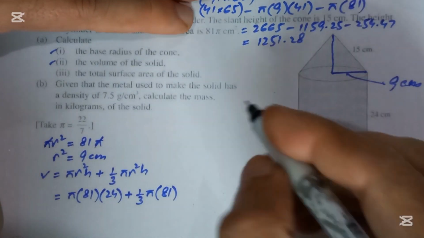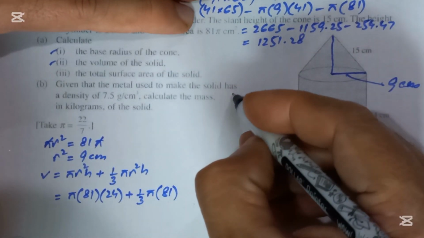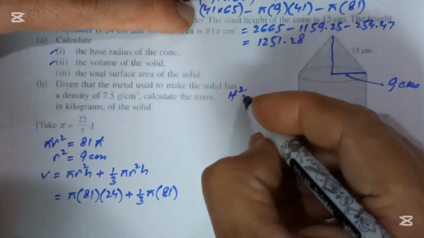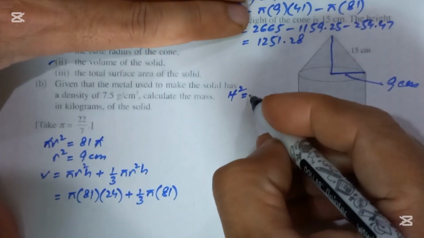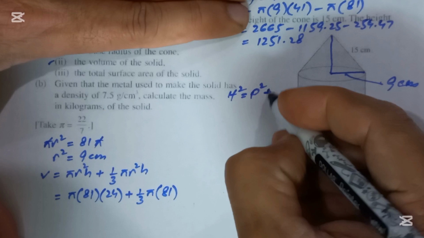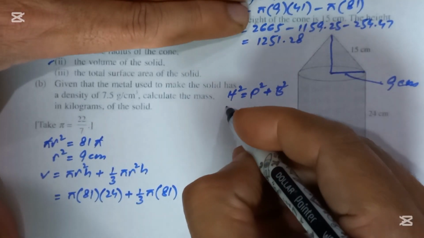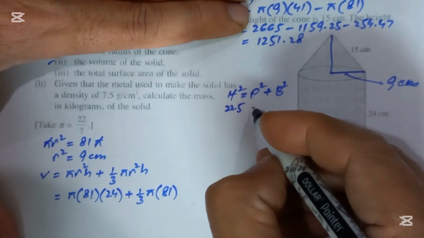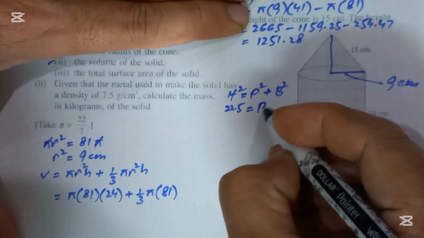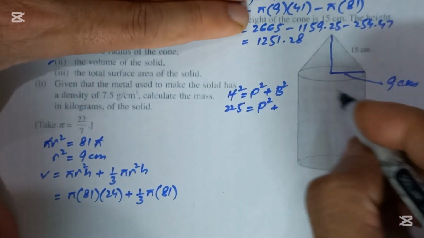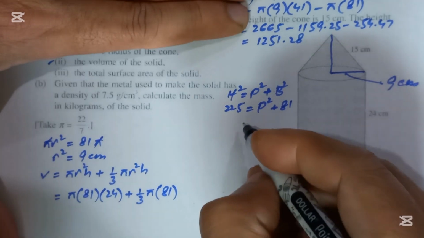So we will apply the Pythagoras theorem to find the height of the cone. That is, hypotenuse square is equal to perpendicular square plus base square. Hypotenuse is 15, whose square will be 225. Perpendicular is missing. Base is 9, whose square will be 81.